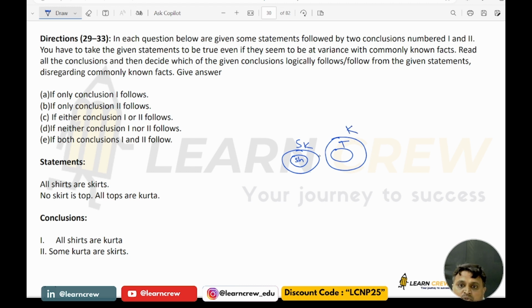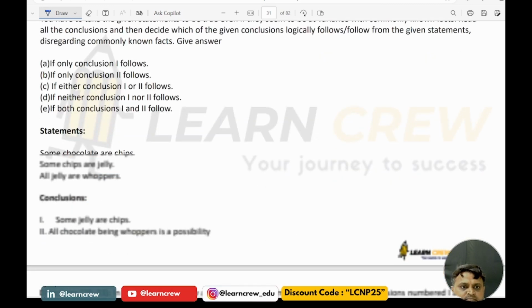So these two don't have an intersection, but kurta can have an intersection. Now, all shirts are kurta is wrong. Some kurta are shirts is also wrong. So for the first, neither one nor two. Option D.